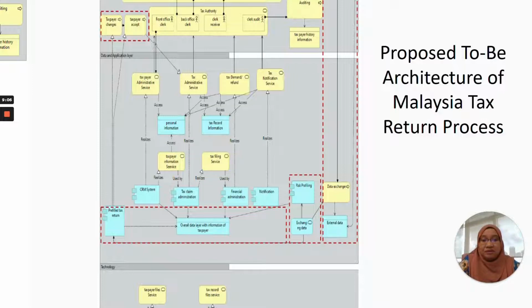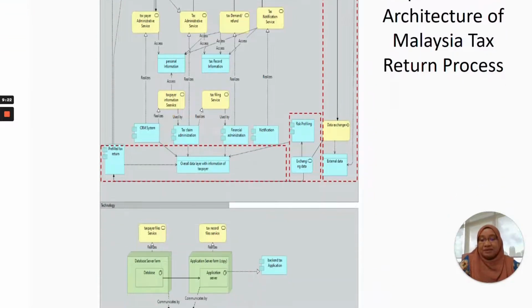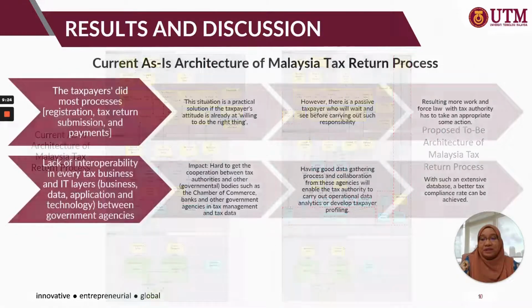From there, we can have a better overall data layer of information for the taxpayer, especially when it comes to tax compliance and the tax return. So both parties, the IRB and the taxpayer, will be happy if we can comply with both needs.